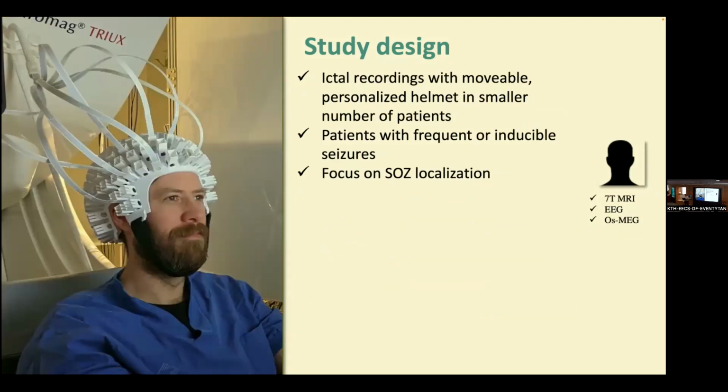The idea is mostly that by increasing the patient comfort, you can measure them much longer, because if you're just sitting still in your chair, it gets uncomfortable after a while. So if we measure several hours and then find the right patients, we should be able to measure some seizures.